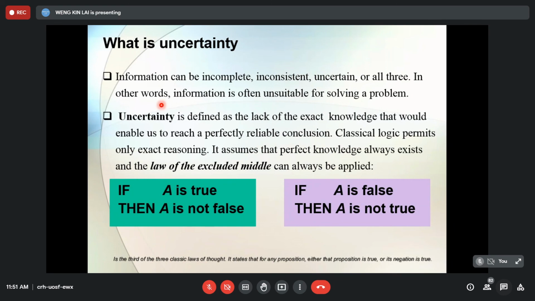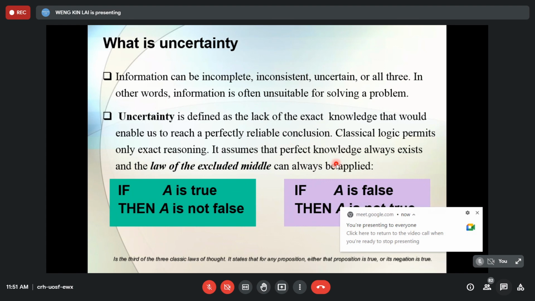So if you look at it, uncertainty is defined, right? Nowadays you don't have to worry about that, especially when you're doing an open book exam, because you can find out if you were asked about uncertainty.